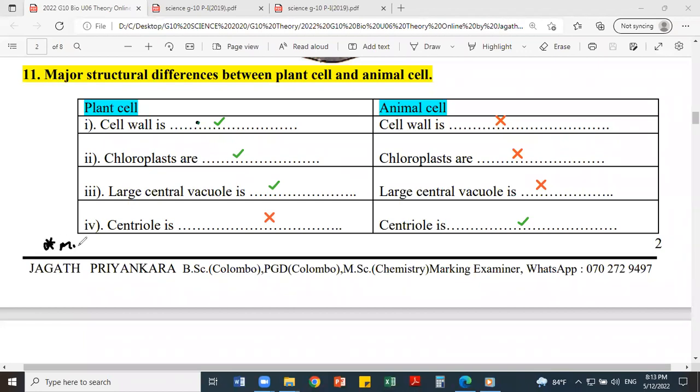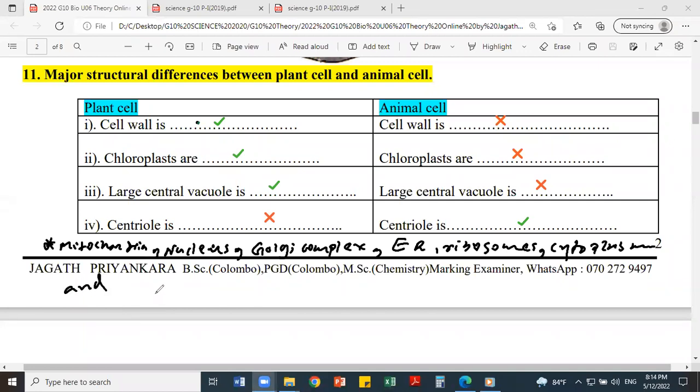Mitochondria, the nucleus, then Golgi complex, Golgi body, then ER, and then ribosomes, cytoplasm, and ER means there are two types, smooth ER and rough ER both.